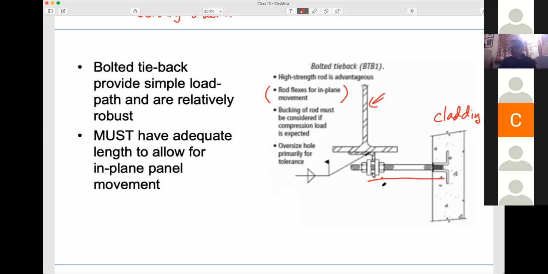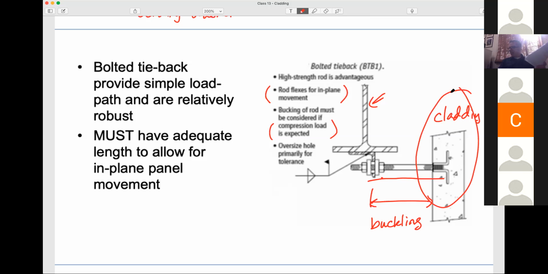And if that is extremely long, you have to be aware of buckling. If we would expect a compressive load to be present, that compressive load would be because that cladding would have an inertial force, or a mass times acceleration.